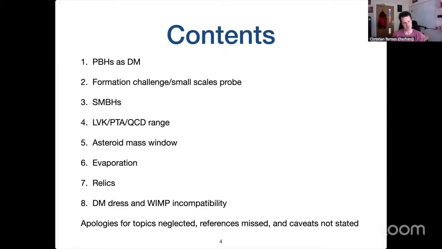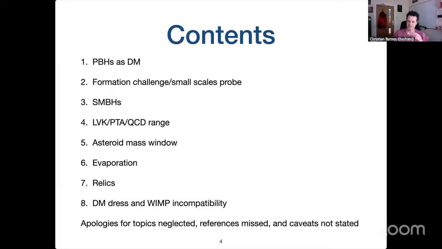Then the challenges of, in fact, doing that, of forming primordial black holes. And then I'll go from heaviest to lightest. So the origin of supermassive black holes, then what LIGO, Virgo, KAGRA could see, how that relates to the pulsar timing array observations, and the asteroid mass window, evaporation, relics, and multi-component dark matter.